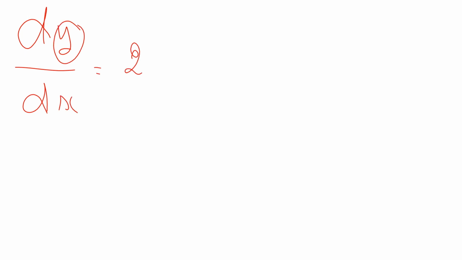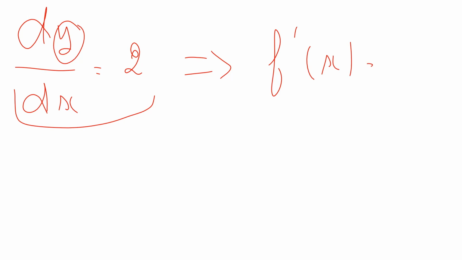Why is that important? Because when trying to find, let's say, y in this example right here, we are also trying to solve the differential equation dy over dx equal to 2, which is also the same as saying we are trying to solve f prime of x is equal to 2, and we are trying to find f of x, the value of f of x.